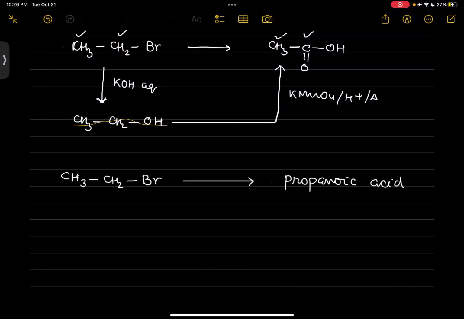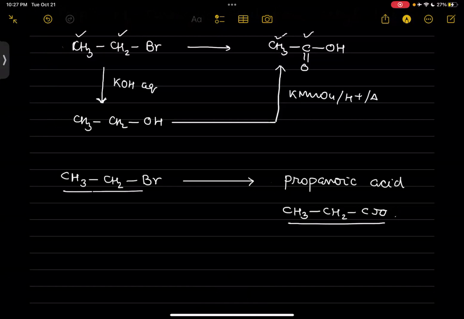Ethyl bromide and propanoic acid. Prop is 3 carbon atoms, right? COOH. This is propanoic acid. Bromoethane and propanoic acid.